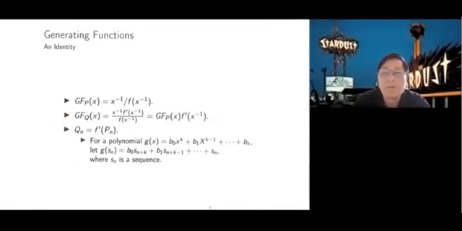Using the formulas of generating functions, we can prove the following identity: Q(n) equals f'(x) P(n). This shows the relation between generalized Lucas numbers and generalized Fibonacci numbers.